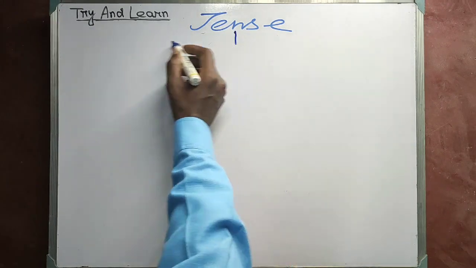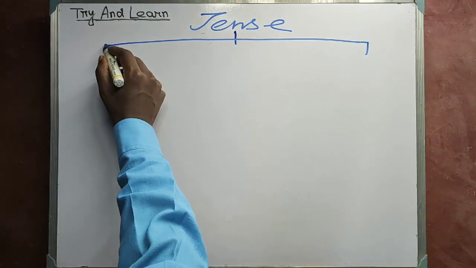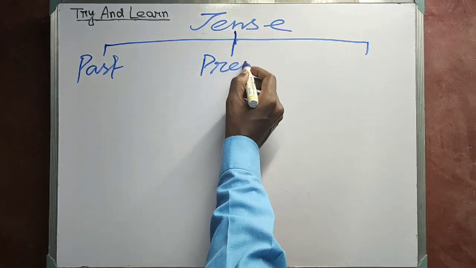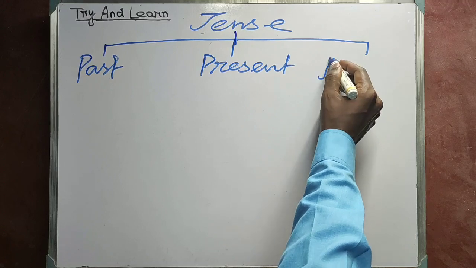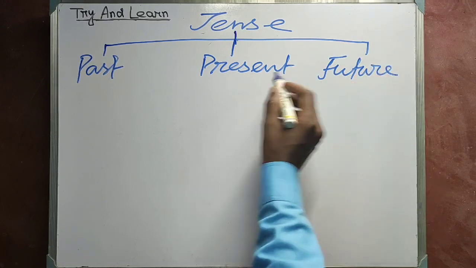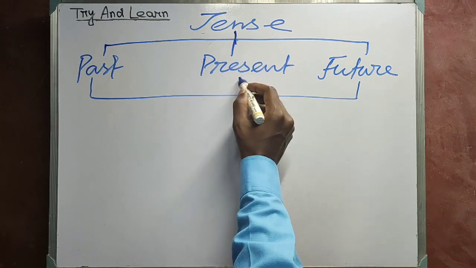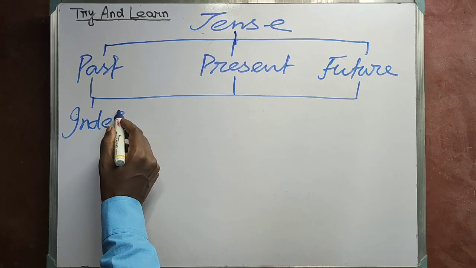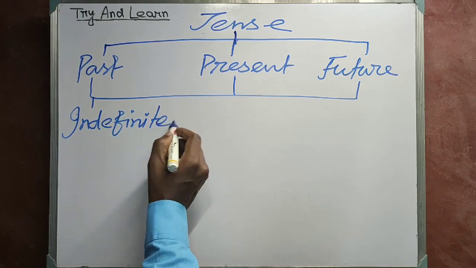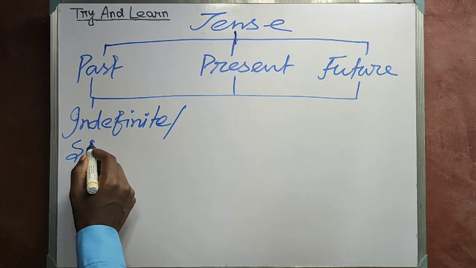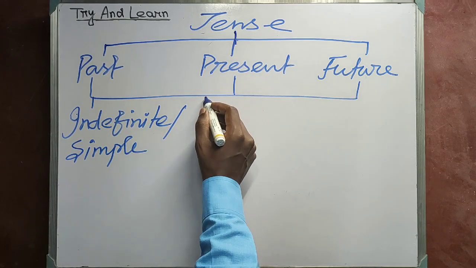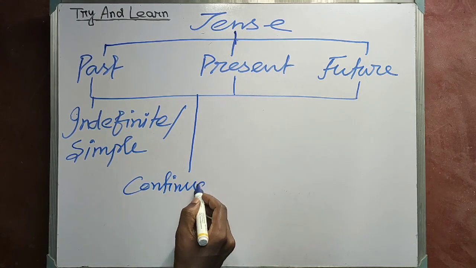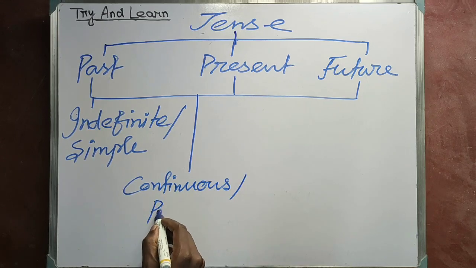We can make a chart this way. First is past tense, next present and future. Again, these three are divided into four kinds. First is indefinite or simple. Second is continuous or progressive.